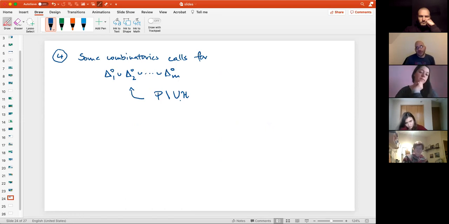So you can see why this is a fake triangulation. It's not really a triangulation. I'm not writing P as the union of some simplices. I'm leaving something out. But I guess I should take the interior of P.